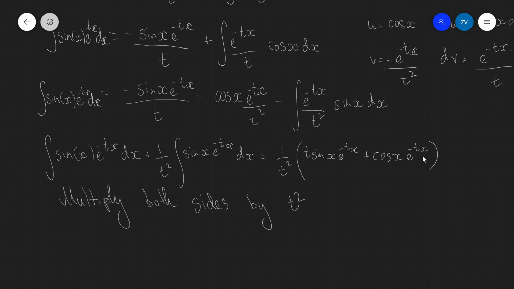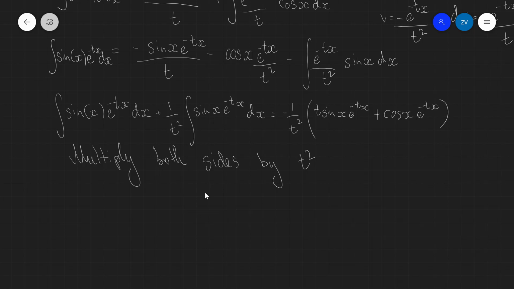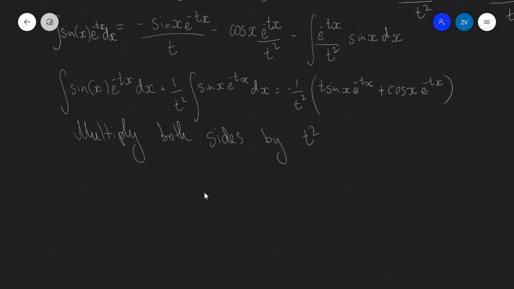Now what I will do is multiply both sides by t squared. So if I do that and then factorize the left hand side out, I am going to get t squared. Well, actually, let's not hurry up too much with the steps. Let's include as much detail as we possibly can.